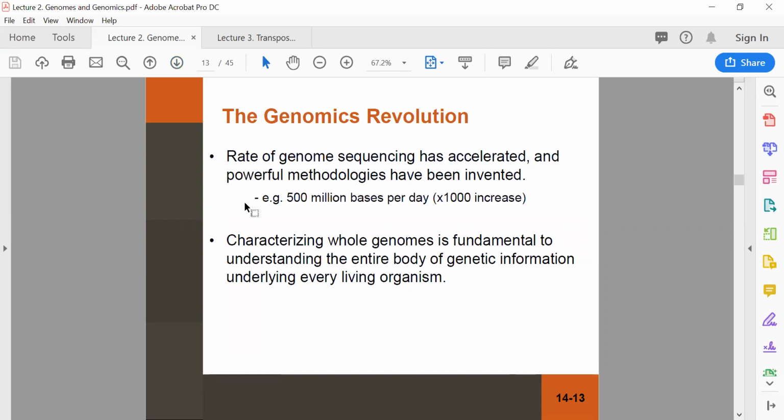And this represents more than a 1,000-fold increase over those earlier instruments that were used to obtain that first human genome sequence. But characterising whole genomes is really fundamental to understanding the entire body of genetic information that every living organism contains.